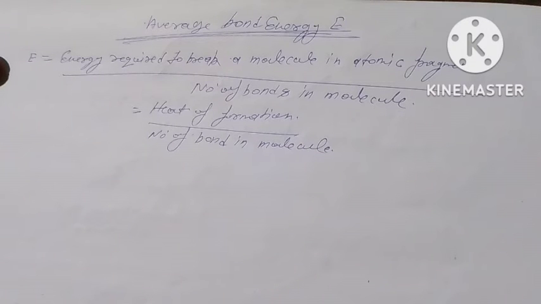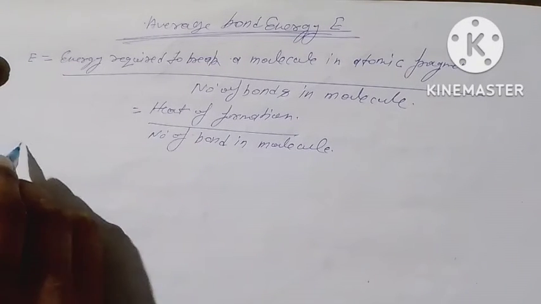The three bond dissociation energies for ammonia are 435.1, 397.5 and 338.9 kilojoules per mole, and the number of bonds in ammonia molecule is 3. The average bond energy of the N-H bond is 390.5 kilojoules per mole.